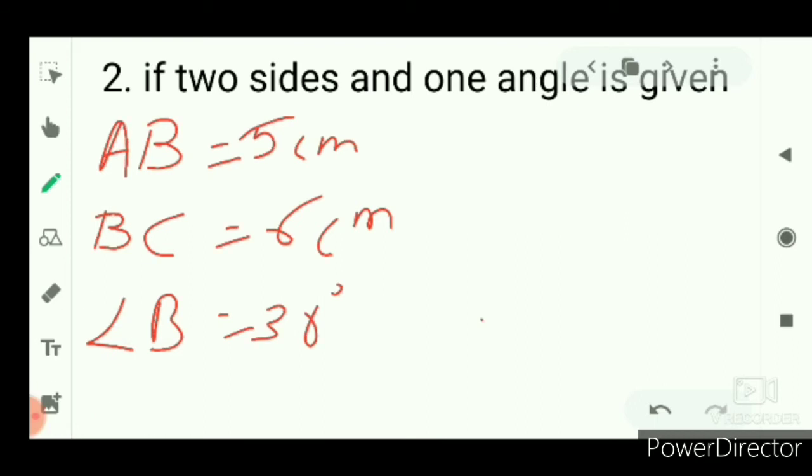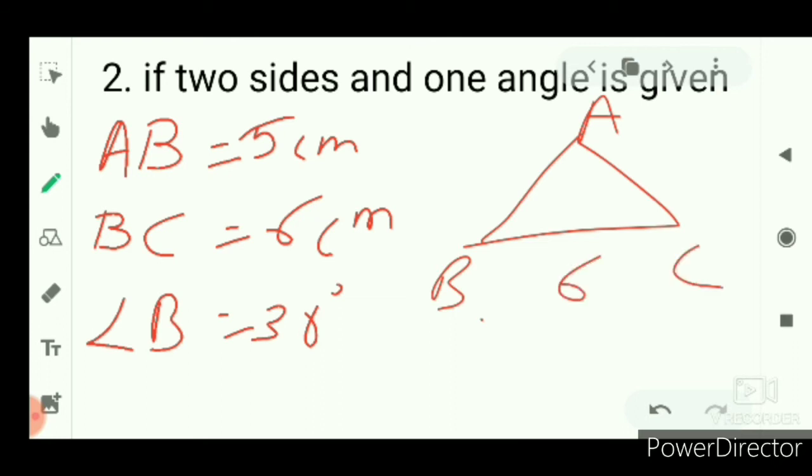We will make a rough figure of triangle ABC. In this triangle ABC, BC is 6 cm, AB is 5 cm and angle B is 30 degrees. We will draw the rough figure like this.